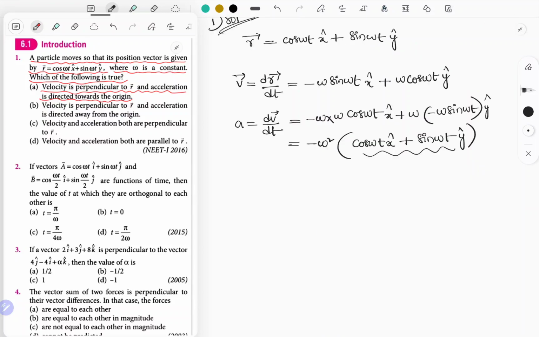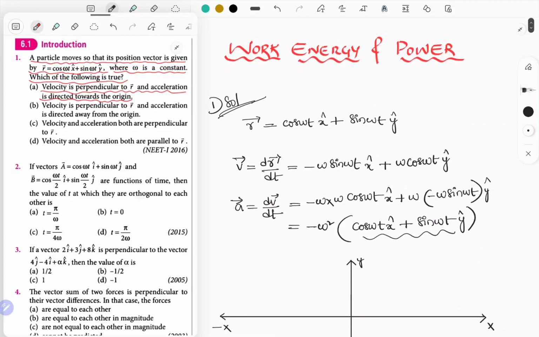Let me draw whatever information we have right now in terms of vector notation. Let me consider coordinate axes. To make it easy, I am going to consider cos omega t as a variable a and sin omega t as b. That means I can write it as a x cap plus b y cap.